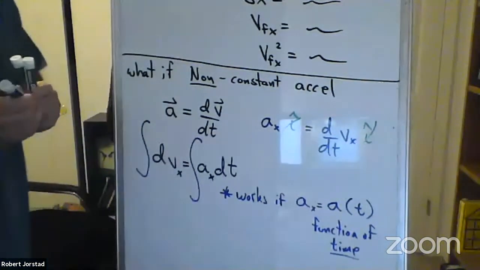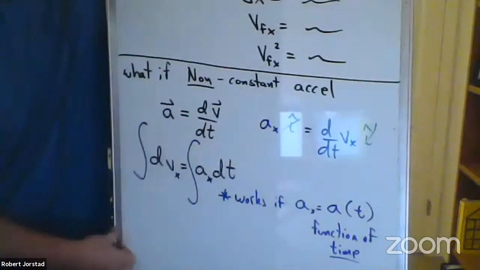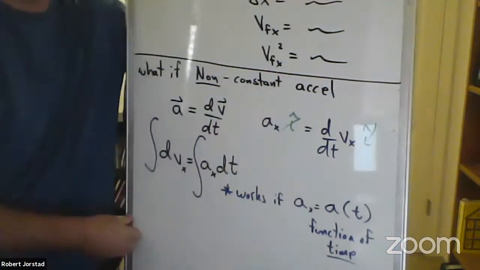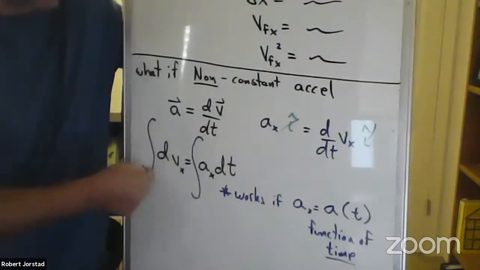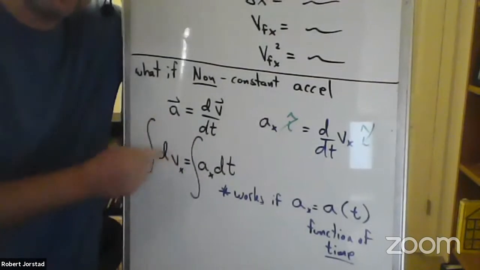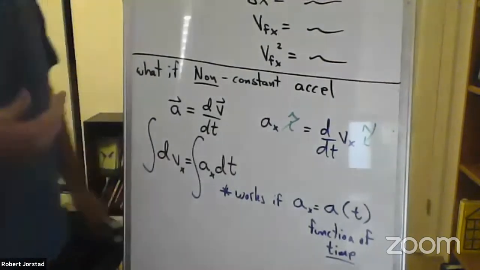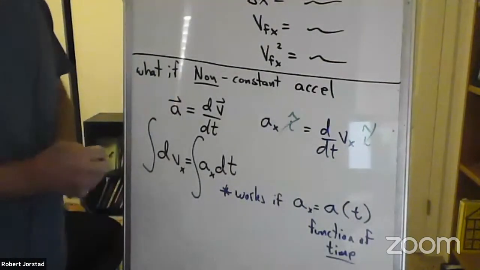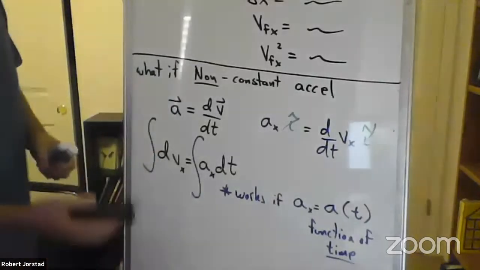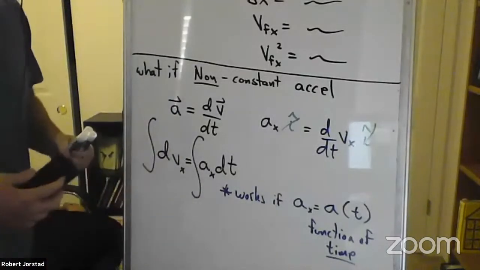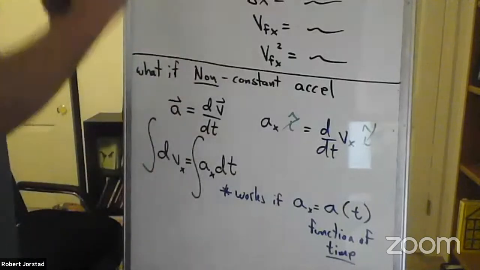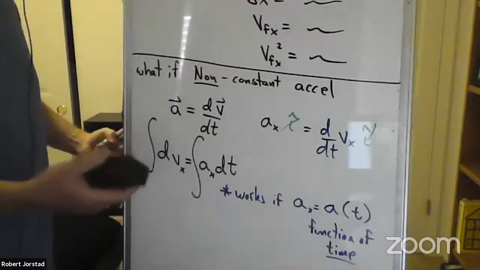So in this case, this equation will work if, sorry for that glare, I'm trying my best, people. So this trick will work if the acceleration is a function of time. This is one method you could use here, and I'm kind of running out of space, but I'm trying to give you the big picture. We're going to go through the details in a minute.